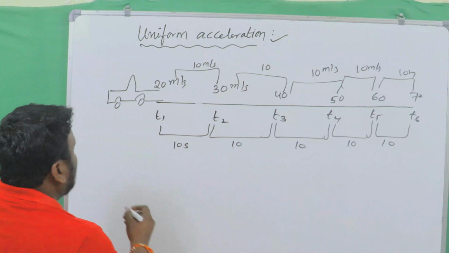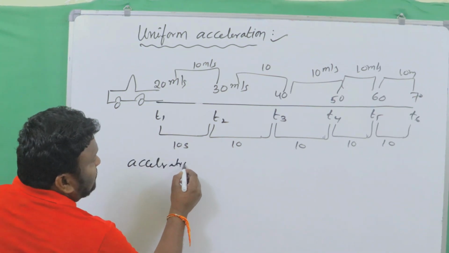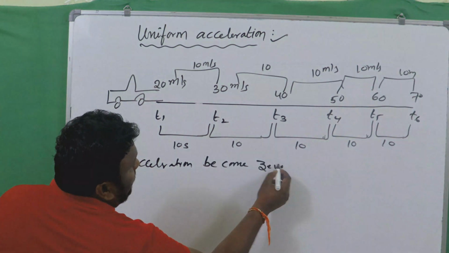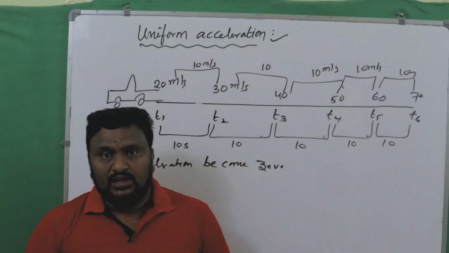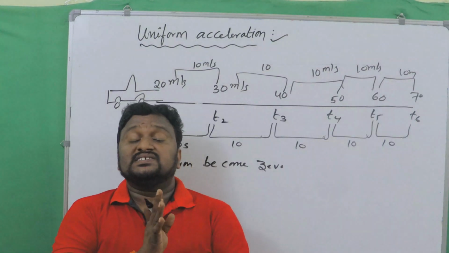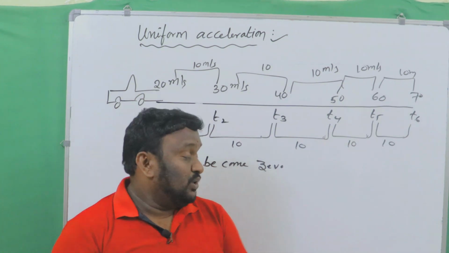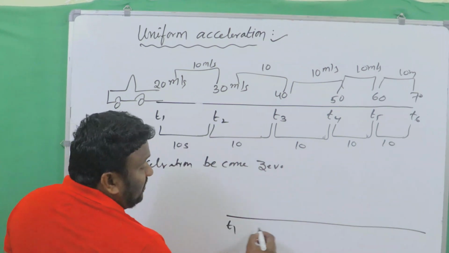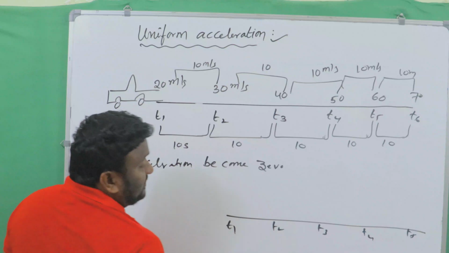And now, when the acceleration becomes zero. Obviously, when the body is moving with the same magnitude of velocity, then acceleration becomes zero. To understand that, simply here we are saying t1, t2, t3, t4 and t5 like that.